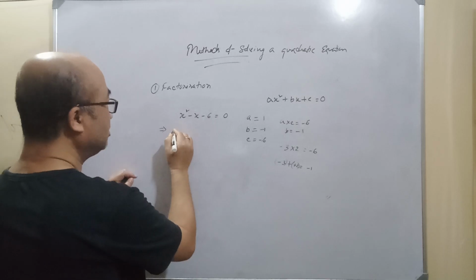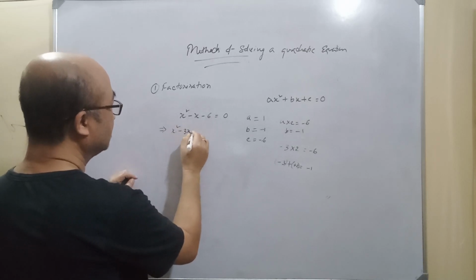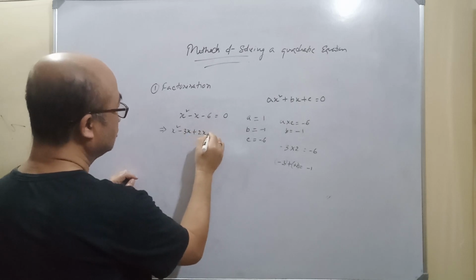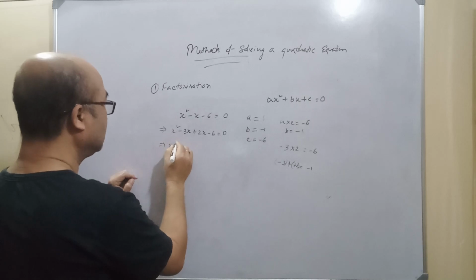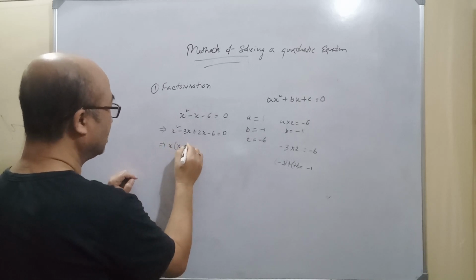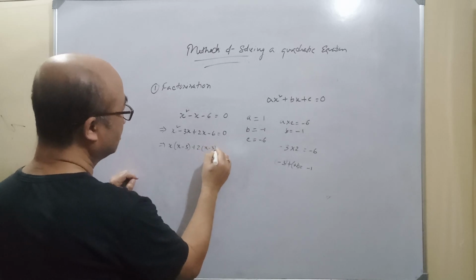So what do you get here? x square minus 3x plus 2x minus 6 equal to 0. And this can be written as x minus 3 into x plus 2 equal to 0.